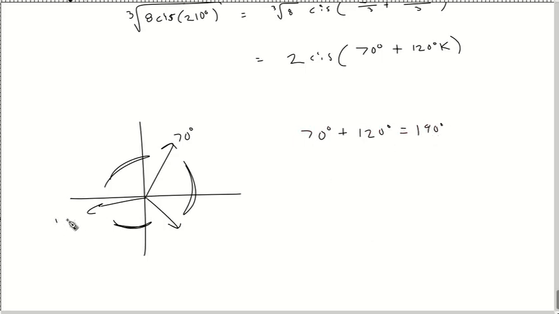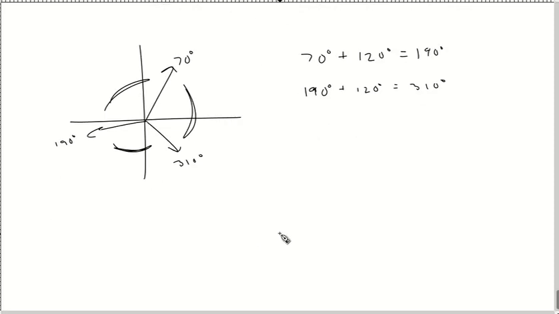Sounds about right. And then I've got the 190, and I'm going to add 120 more to that to make 310. There's all your answers. I mean, I'm going to flip the page to make sure I'm not missing something here. But those are all your answers.